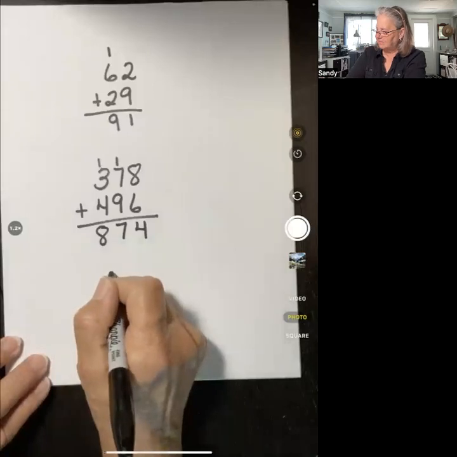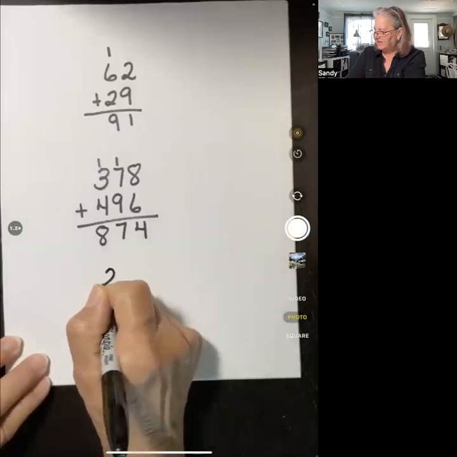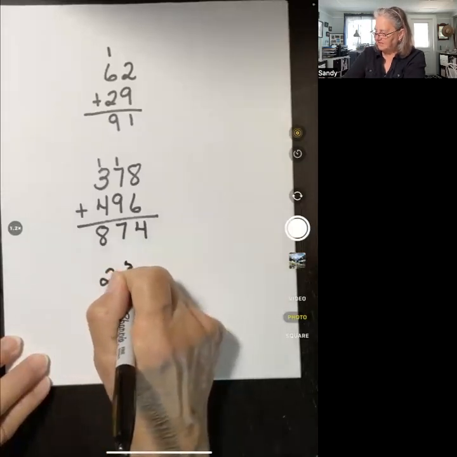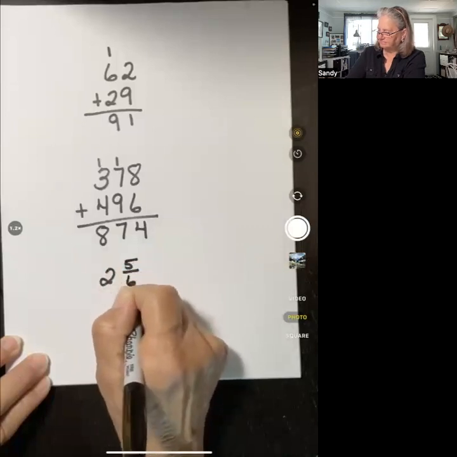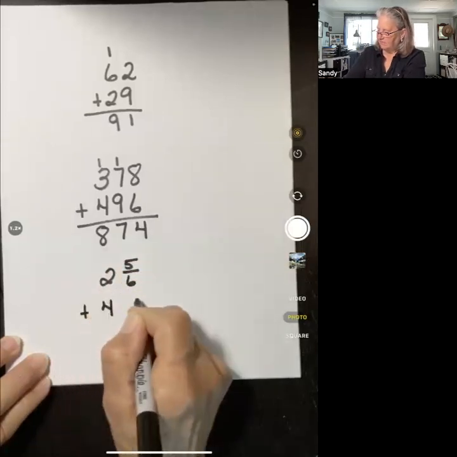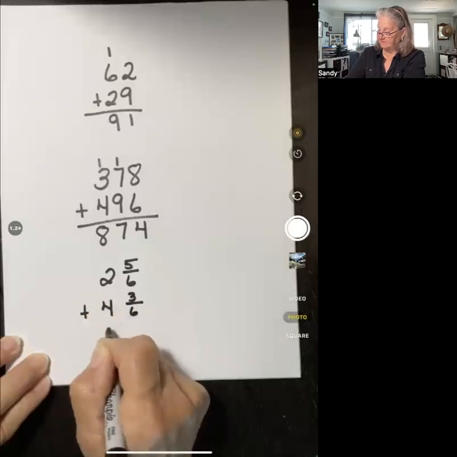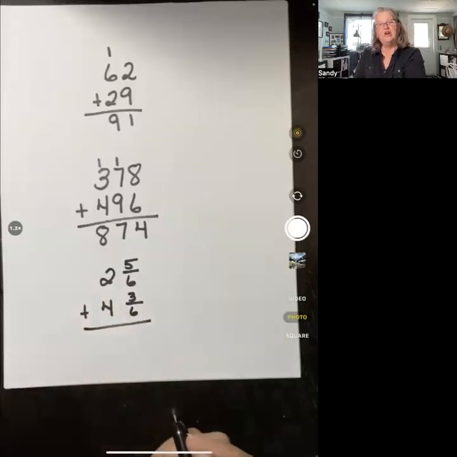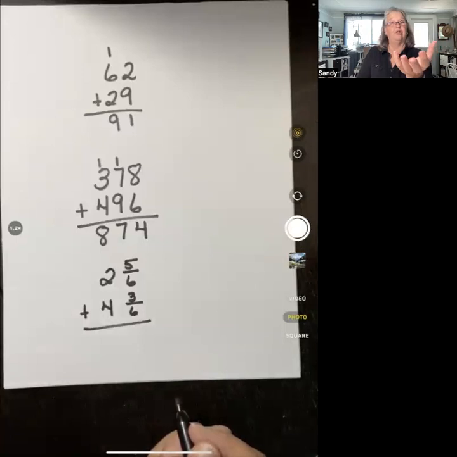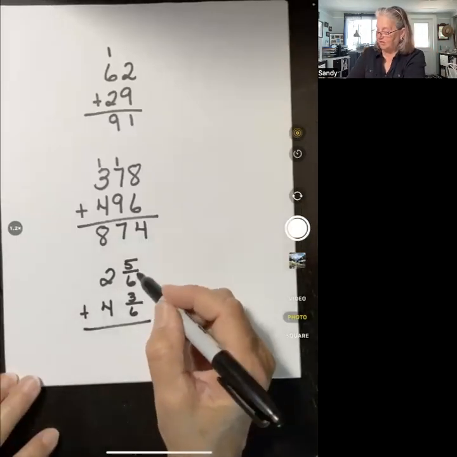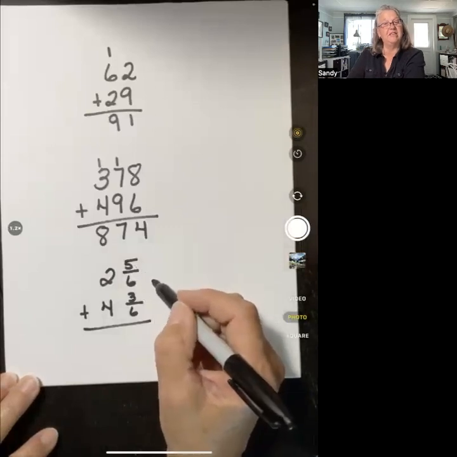See, even thinking about, let's add 2 and 5/6, 4 and 3/6. Okay, we know we add wholes to wholes. The 2 and the 4, we know we're going to have 6, but this is the part, right? I have 5 1/6 pieces.